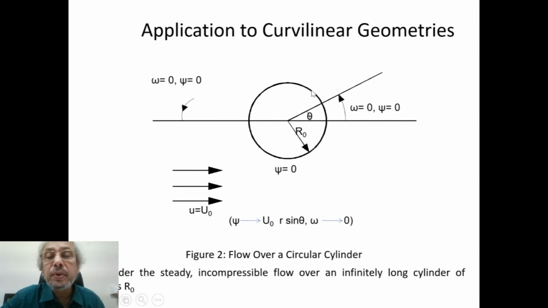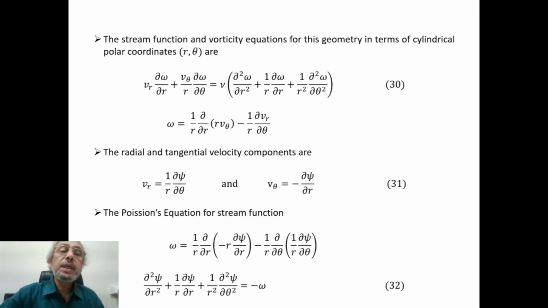So psi equal to 0 is quite rational, and basically psi is obtainable from the tangential velocity component, which we can say here like u0 r sine theta, and far away from the wall this will be the free stream velocity, or even can be zero velocity, and omega will also be 0.